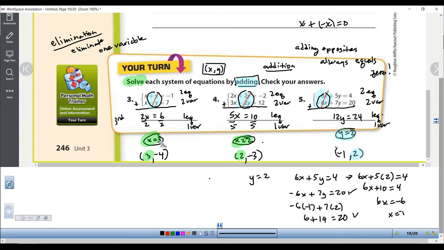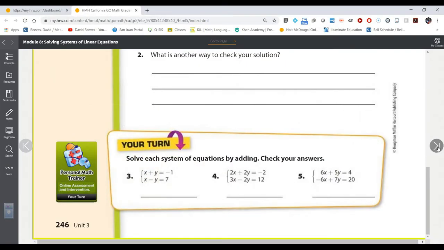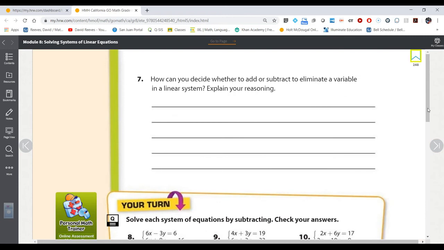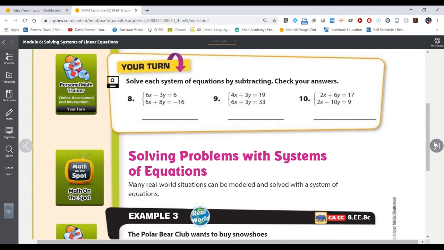You solve that equation, you get the value of that variable, then you substitute back into one of those two equations, doesn't matter which one, and you will get the correct solution. And then a good math student will go back and check his or her answer in the other one to make sure it's true. So that is elimination by addition. Well, as I told you before, it doesn't always work.